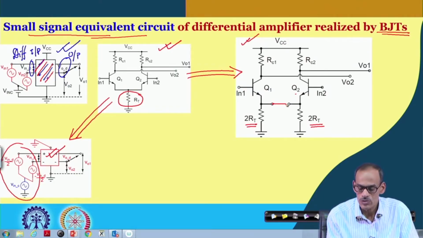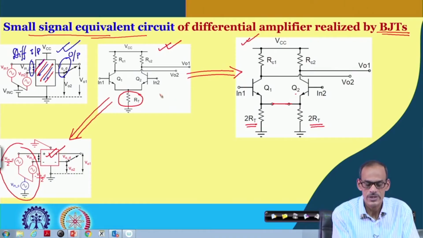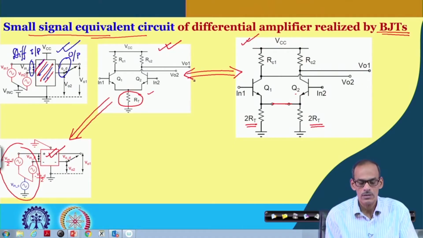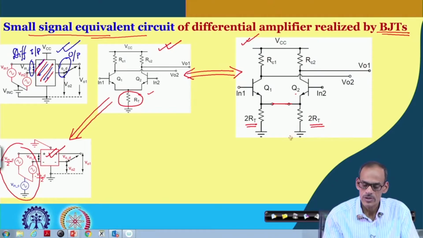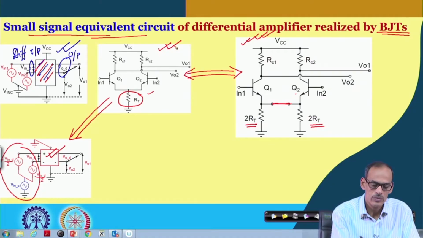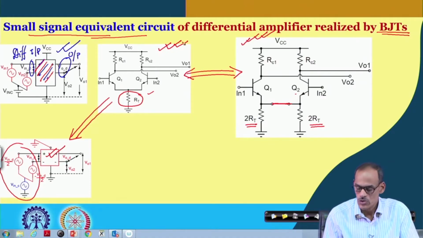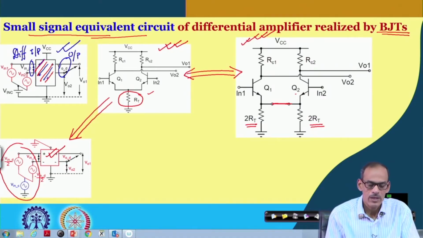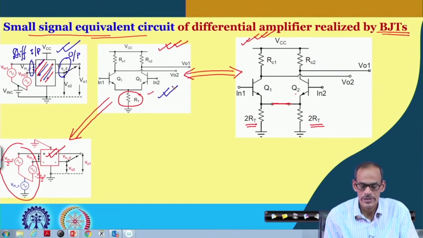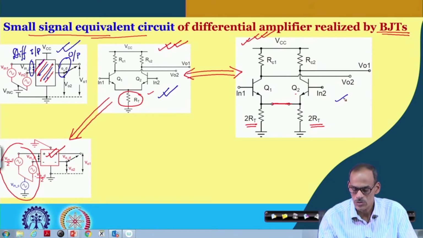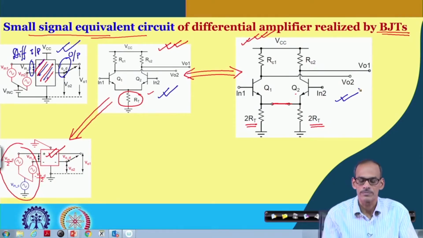If we connect the two emitters, then of course this is the same as this circuit. So, though we will be drawing the small signal equivalent circuit of this circuit, once we connect it, we know that we are going back to the original circuit. In the literature, that circuit is referred to as the differential circuit, but for our internal analysis we are going to analyze the circuit in this form.